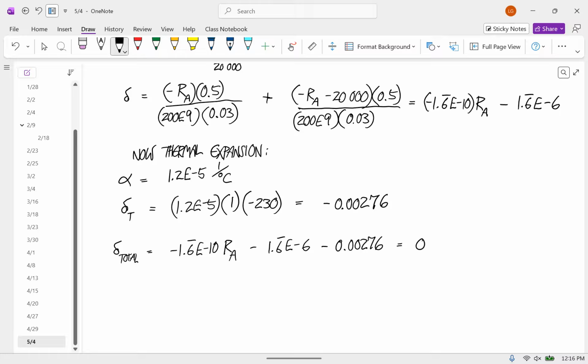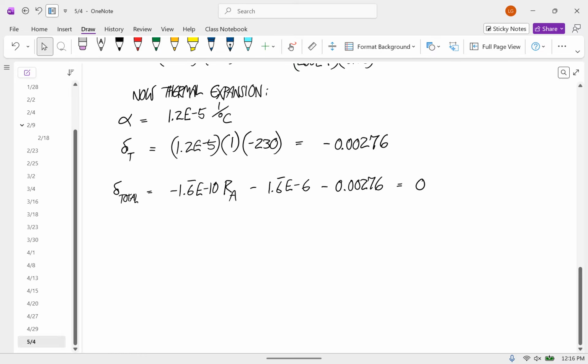That's our restriction that comes from the setup of this problem.